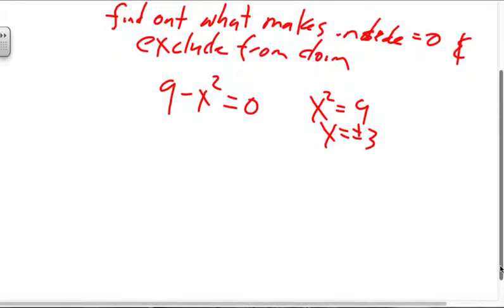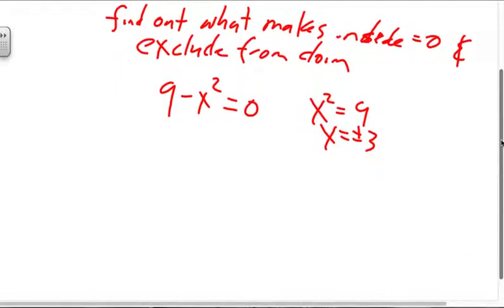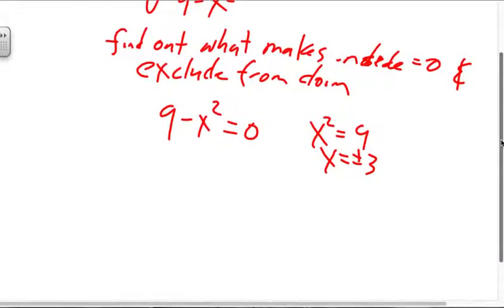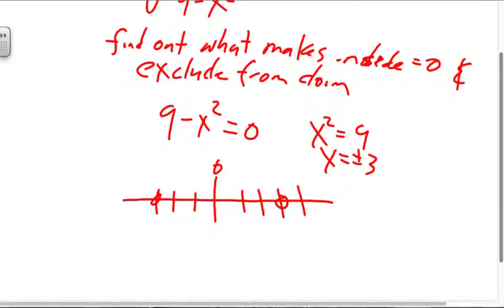All right, well, the thing to do then is to pick a number. We've got our number line. And here are our points of interest. Well, let's pick a number out here like 4 and plug it in.